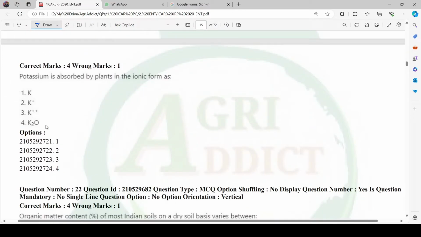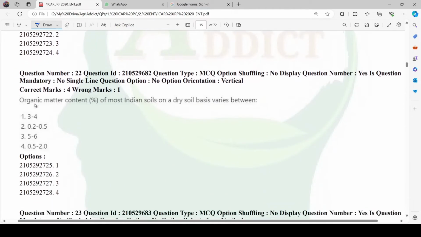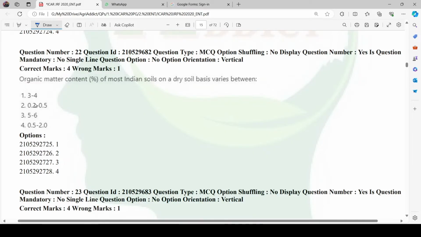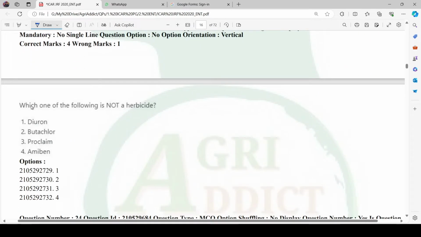Potassium is absorbed by plants in the ionic form as K+. The organic matter content of most Indian soils on a dry soil basis varies between 0.2 to 0.5%. Easy question, simple general agriculture. That is very low organic matter content in our Indian soil.